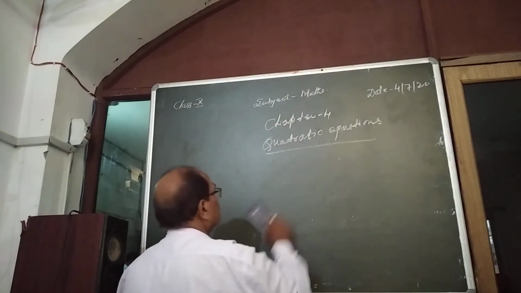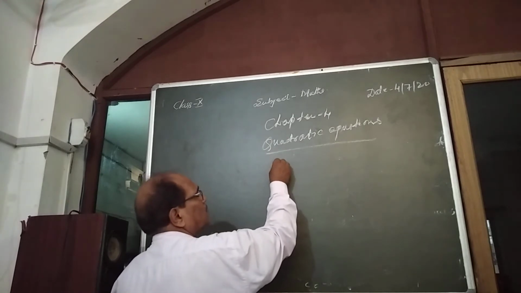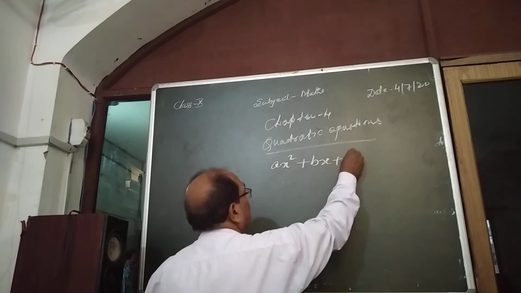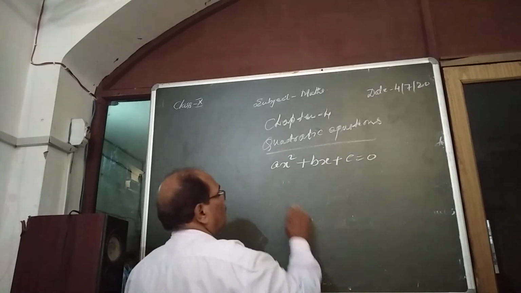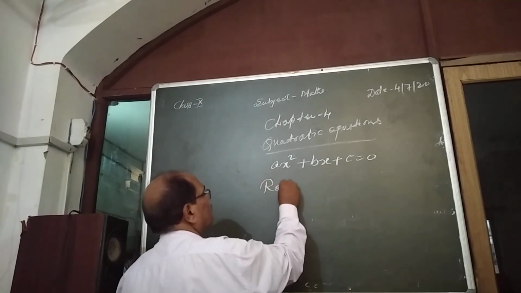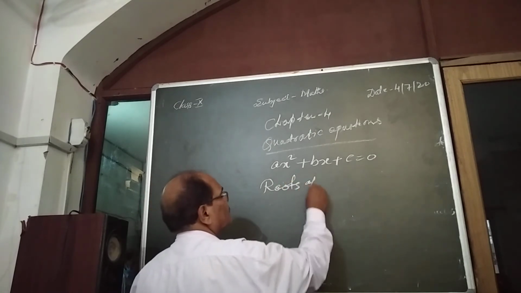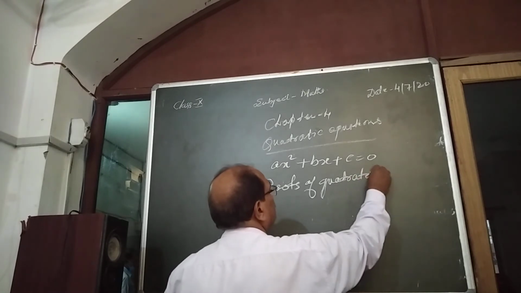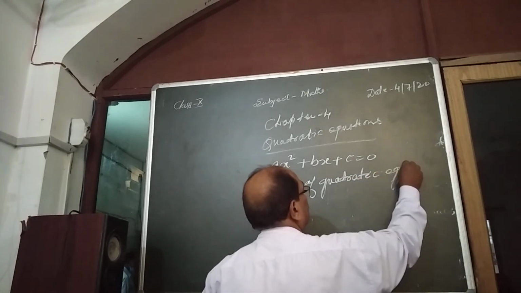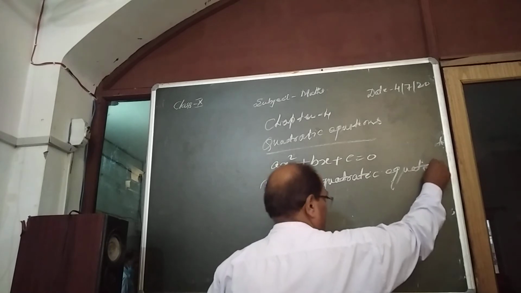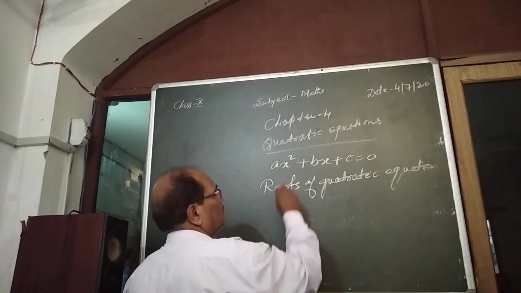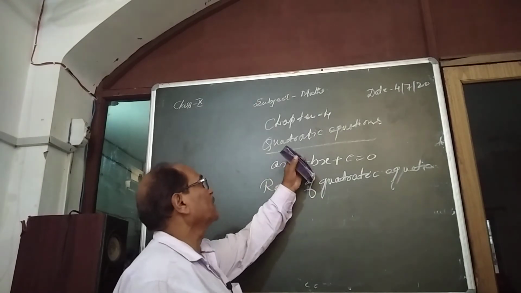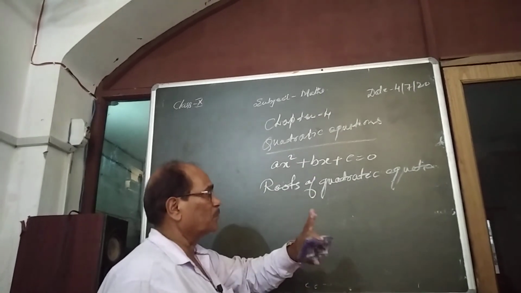Quadratic formula. So our standard form of quadratic equation is ax square plus bx plus c equal to 0. So roots of quadratic equation: as there are 2 powers, there will be 2 roots, and if there were 3, a cubic, then there would be 3 roots.